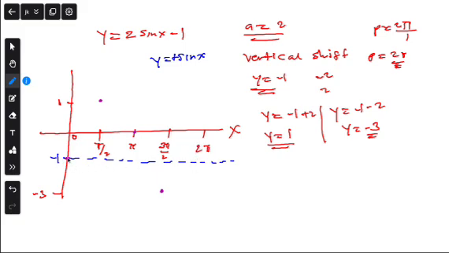Since we started from here, we need to end in the same vertical shift. So that is where we are ending. So graphing this one, we are going to have something like this. It is going to end here. So this graph, we can say it is y equal to 2 sine x minus 1. So this is how you're supposed to graph this one.